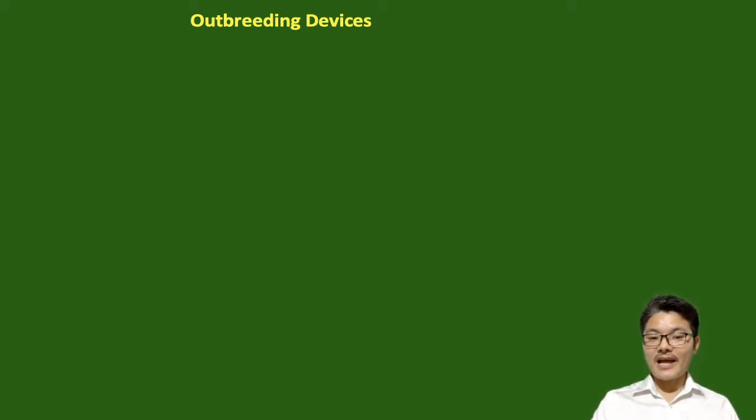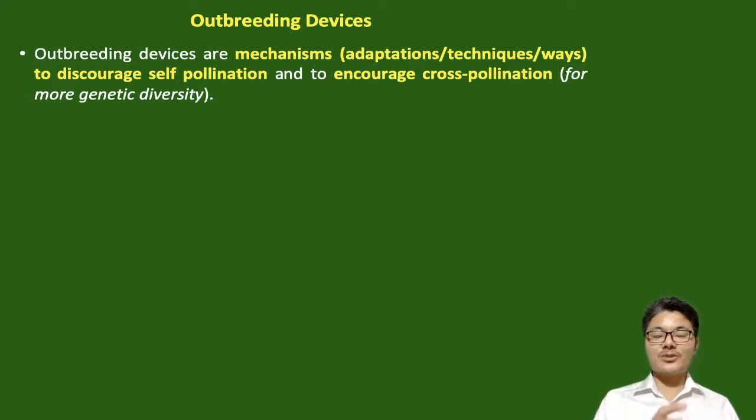So outbreeding devices here refers to mechanisms or techniques, ways, methods, or adaptations in flowering plants which usually prevent or discourage self-pollination, and in a way the plants will be encouraging cross-pollination, mainly for becoming more fertile so that they can increase their genetic diversity.